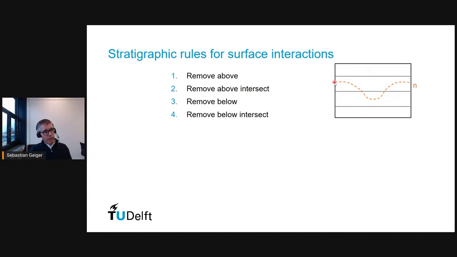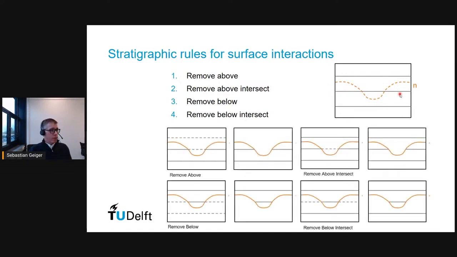It can either remove everything above this new channel, so it removes that bit of the surface and this bit of the surface, or everything below that existing surface, or we can say it only changes a surface where this new surface intersects with an existing surface. So there are some geological rules that tell us how these different surfaces that we're sketching interact.